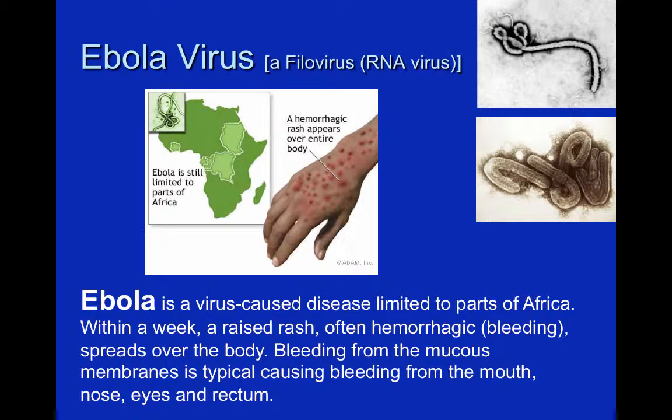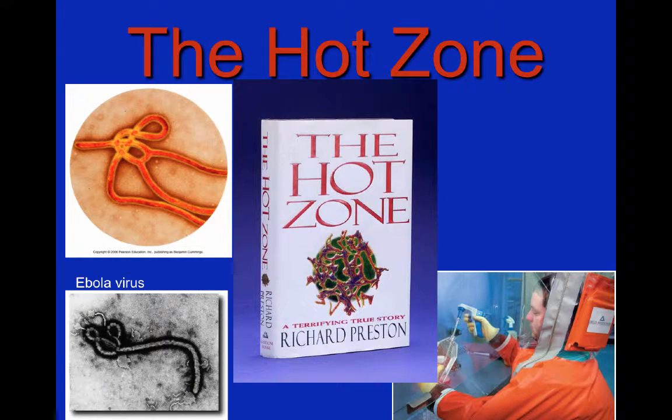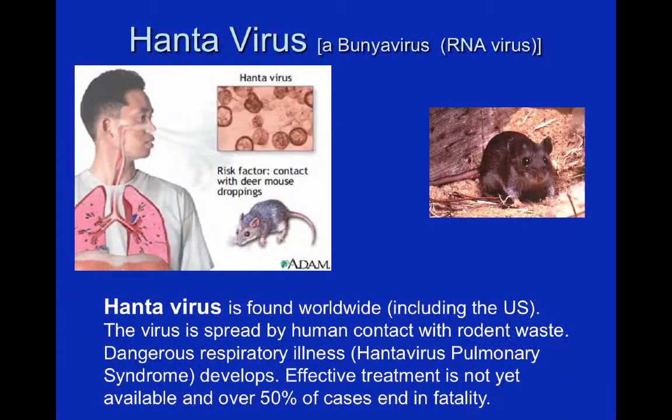Also it is shed in tears and on the surface of the skin. So there are a lot of controversial books written about this particular pathogen. Again, it could be used as a bioterror weapon, so a very scary thought.